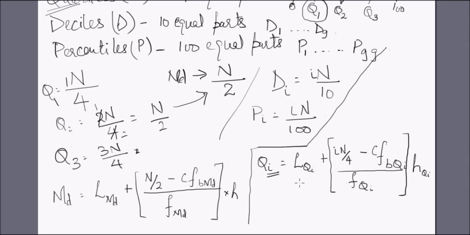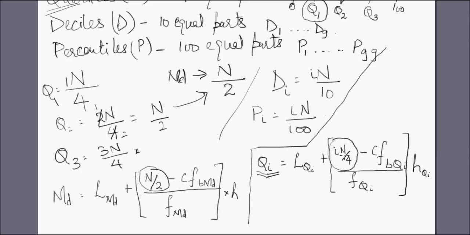I'm sure you are well aware of the nomenclature and I don't need to write it here. Let me just repeat. Whichever quartile I'm finding, I'll take the lower value of that class plus, the only change from median to all these formulas is this quantity.